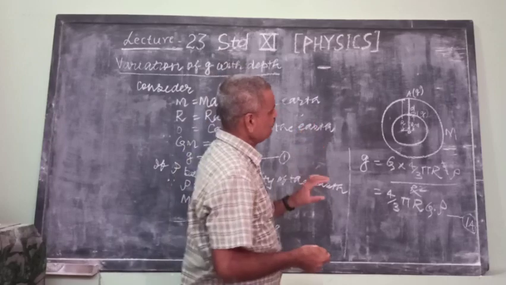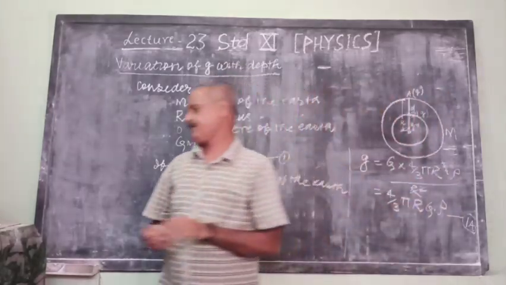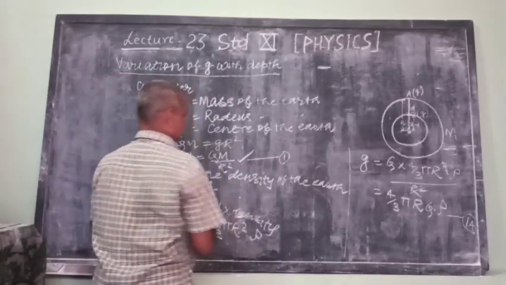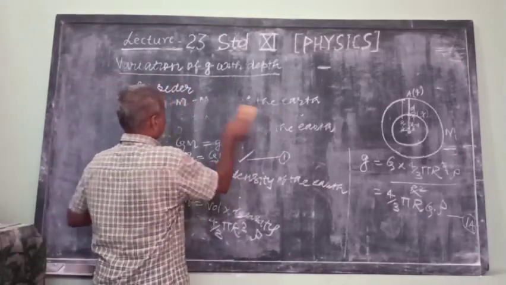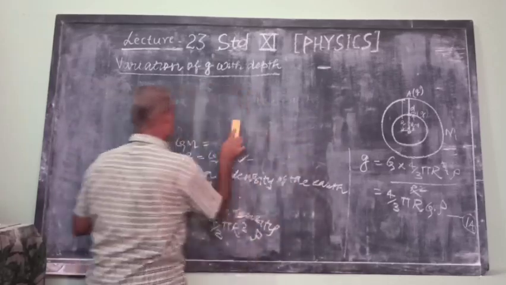Now we have to calculate the mass of the inner part. What will be the mass of the inner part? Let the mass of the inner part be M dash.